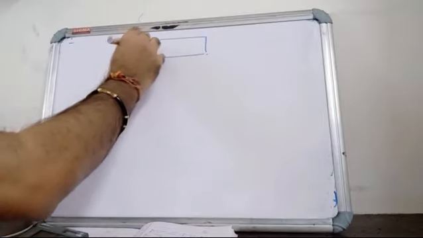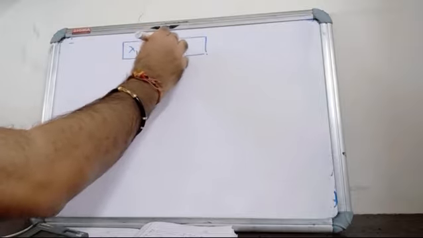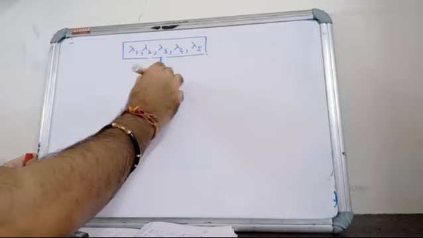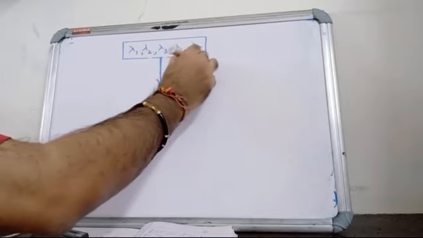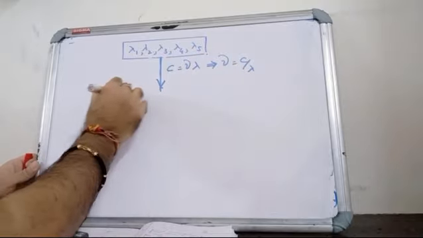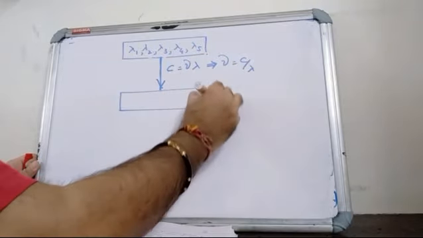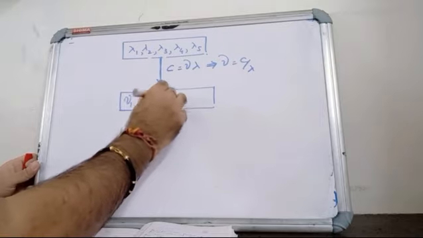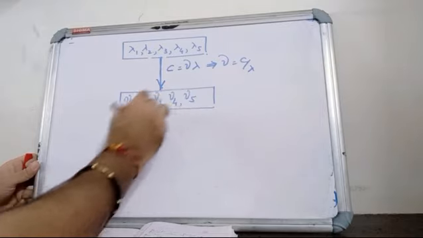Lambda 1, lambda 2, lambda 3, lambda 4, lambda 5. Then C is equal to nu lambda, nu is equal to C by lambda. Then calculate nu 1, nu 2, nu 3, nu 4 and nu 5.